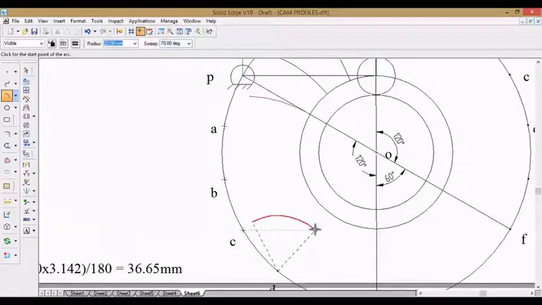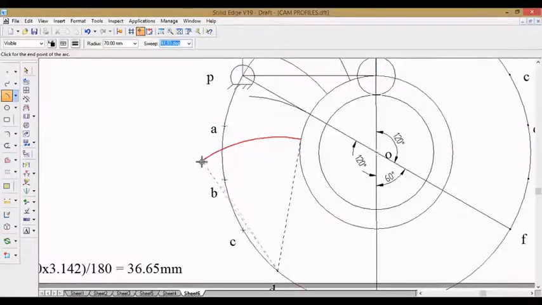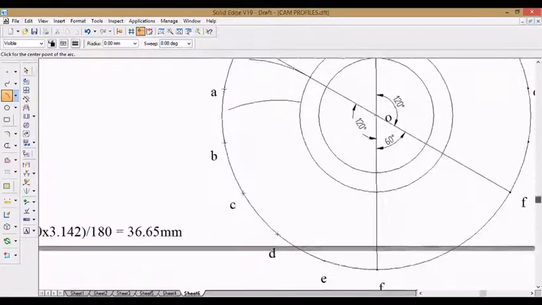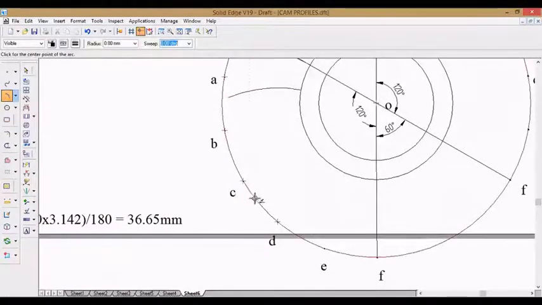From the prime circle, you cut an arc. Radius is 70 mm. D is over. Now E. Radius is 70 mm.